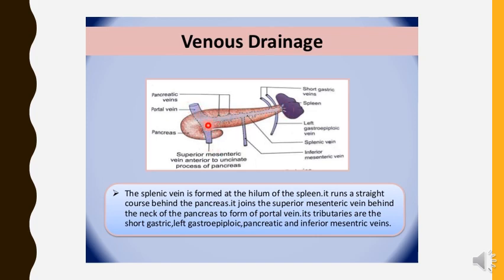Its tributaries are the short gastric veins, the left gastroepiploic vein, the pancreatic veins and the inferior mesenteric vein. All these smaller veins drain into the splenic vein, and the splenic vein finally joins with the superior mesenteric vein to form the portal vein. So this is the venous drainage.